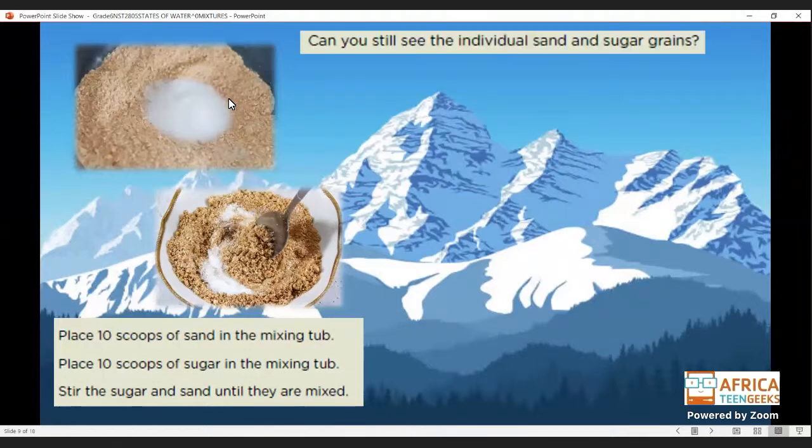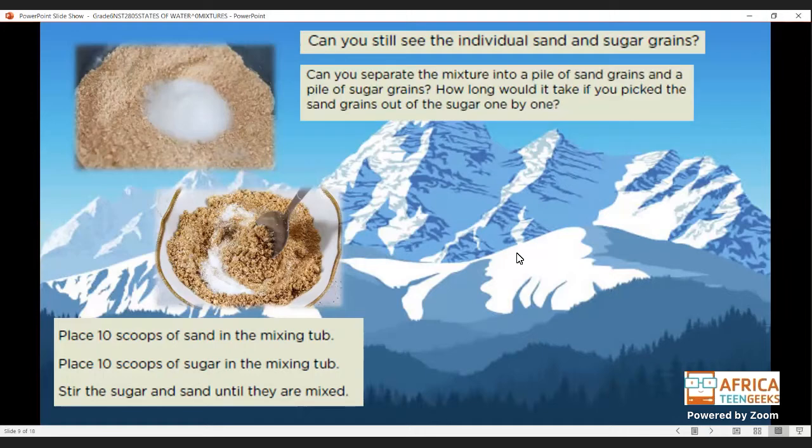So look at the first one before I've mixed them. And look at the second one where I've mixed them. Can you see the individual sand and sugar grains in that mix? Look at the spoon. Okay, so you can see them, but which one do you see a lot more clearer?